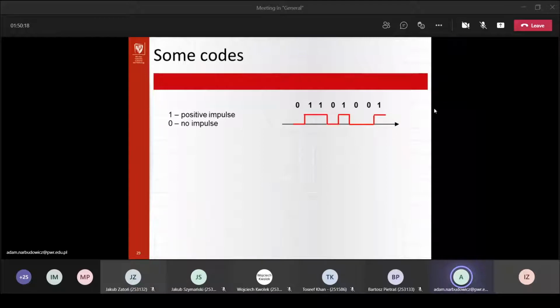Very simple. So the cost of the electronics implementing this would be typically very low, right? But can you see why this is not the best idea? Or what are the drawbacks basically of this coding?